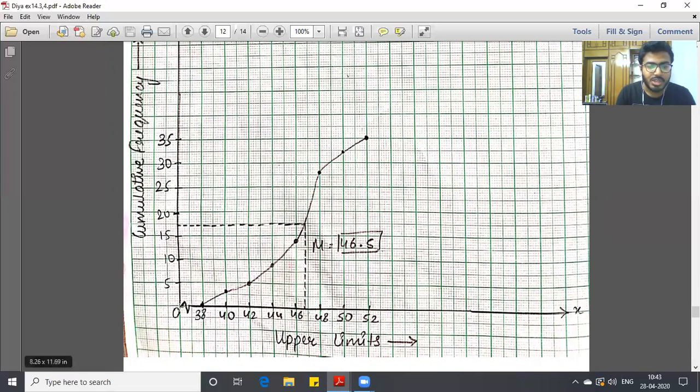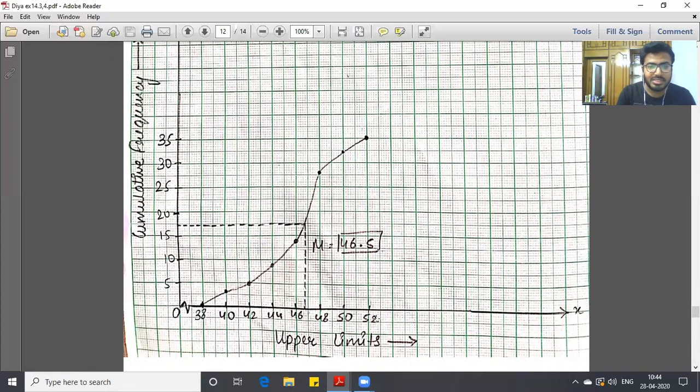After 0, 2 should have come, but we are taking 38. So 38, 40, 42, 44, 46, 48, 50, 52.